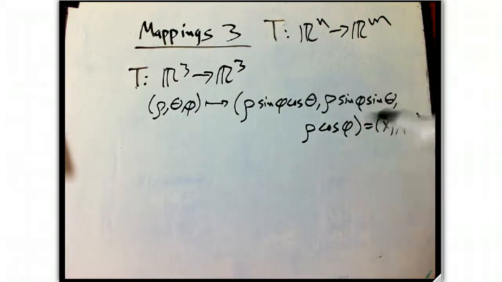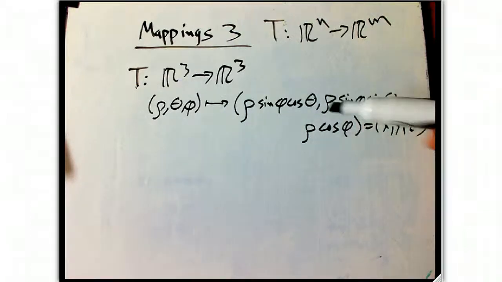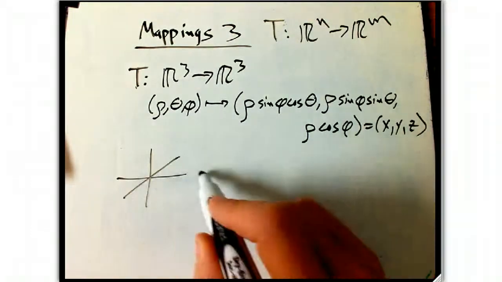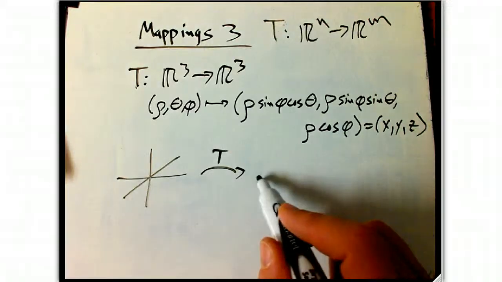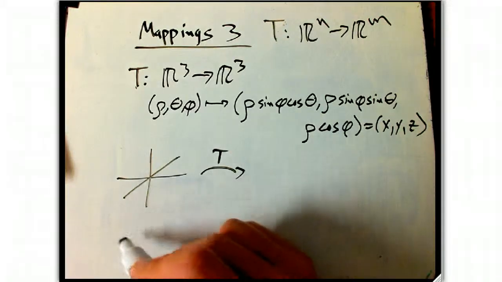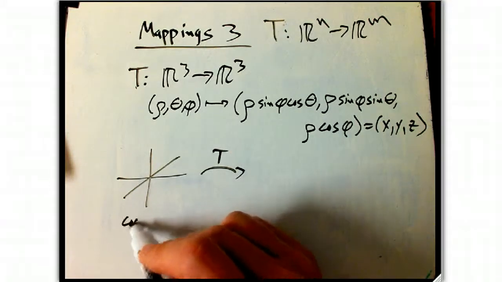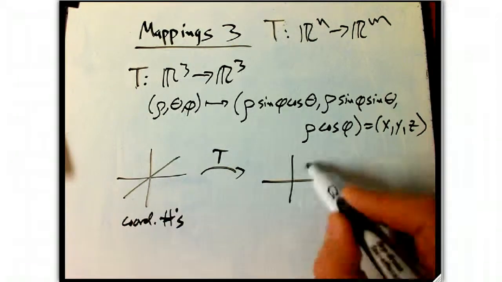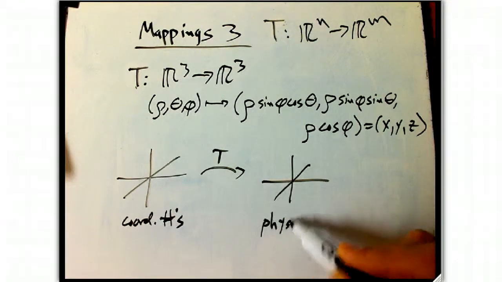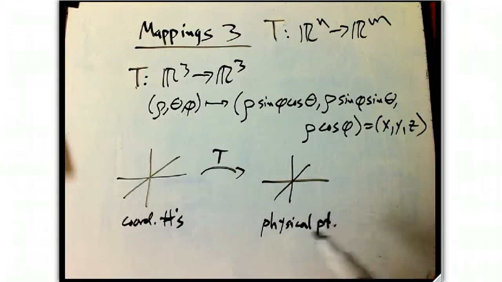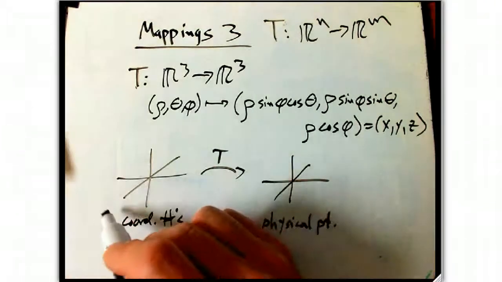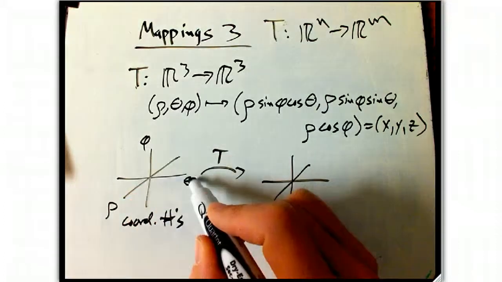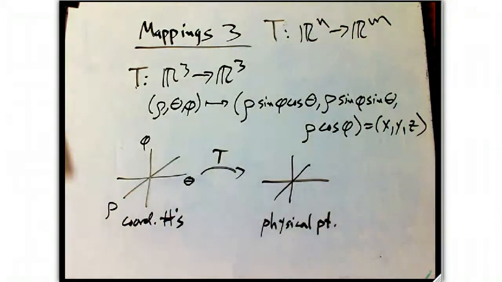We can think of it either as a different way of describing just one space, but we can also have this somewhat more abstract and powerful point of view of a transformation that takes the coordinate numbers essentially to a physical point. It's going to look a little weird to have rho, theta, and phi, but it totally makes sense.